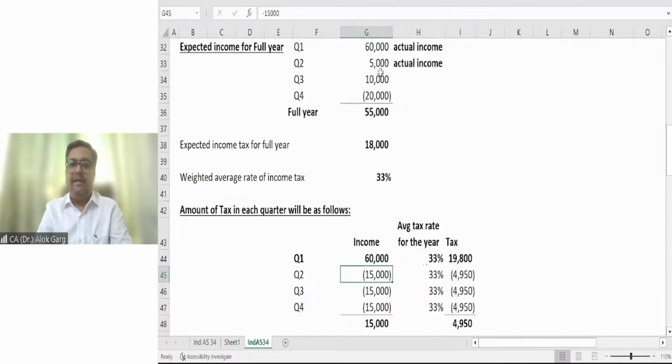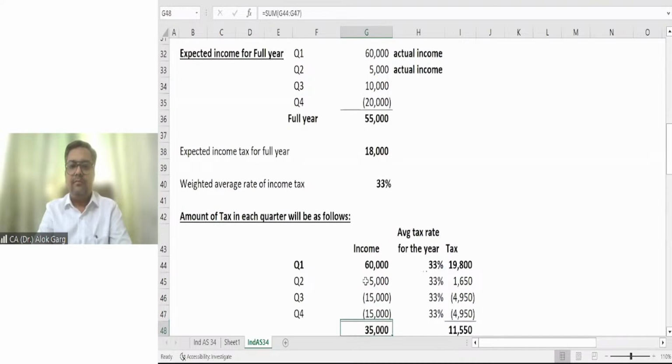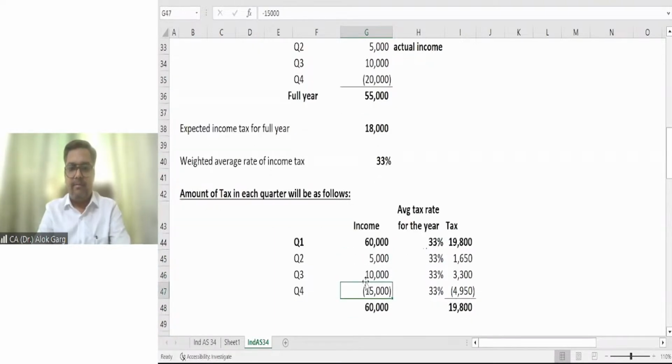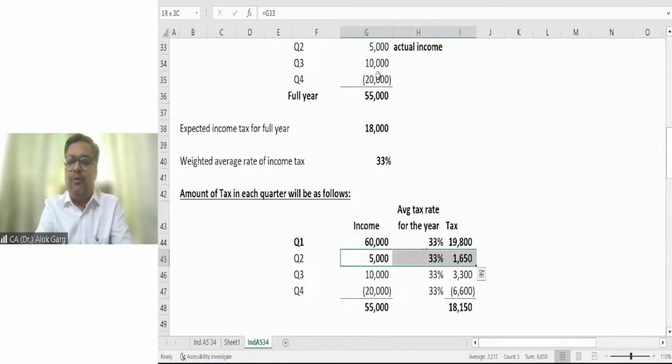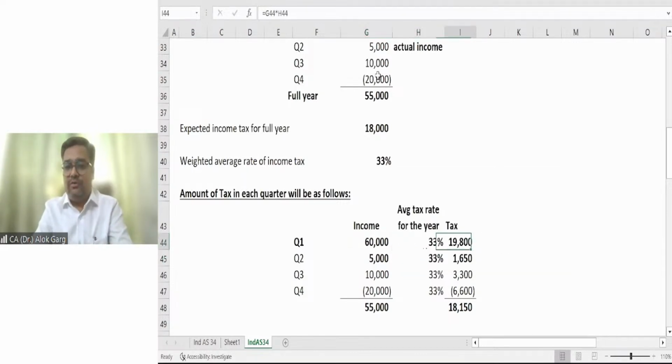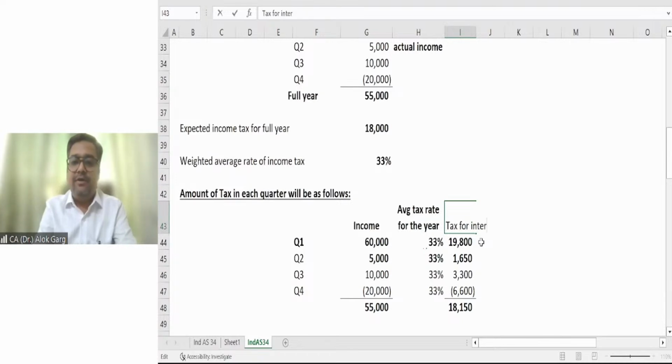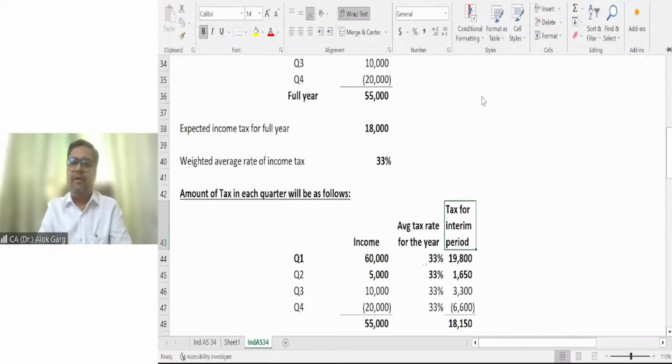So these are my incomes. Friends, Q1 has already gone, right? This is your expected tax. This is your tax for the interim period, right? But Q1 has already been filed, published, reported.